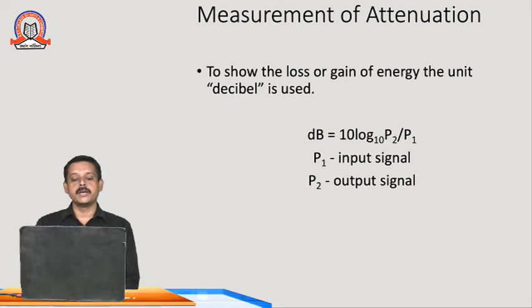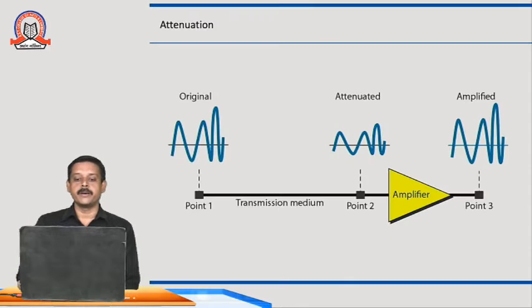Here P2 is the output signal, and P1 is the input signal. It means that P2 is the signal received at the end of the transmission medium, and P1 is the signal sent at the start of the transmission media.